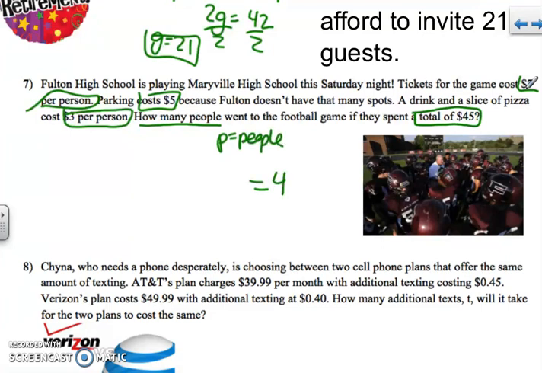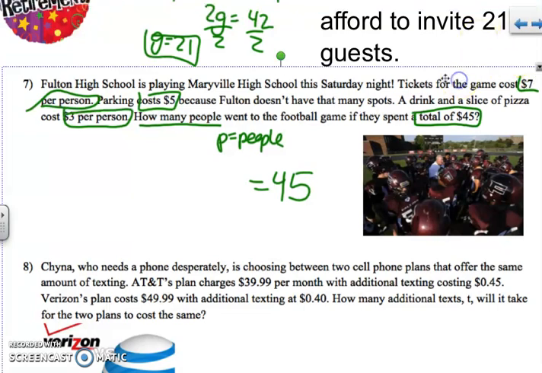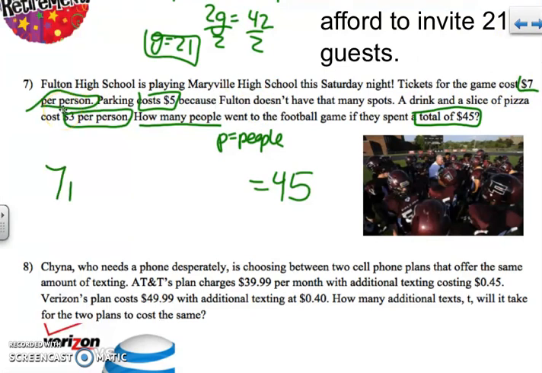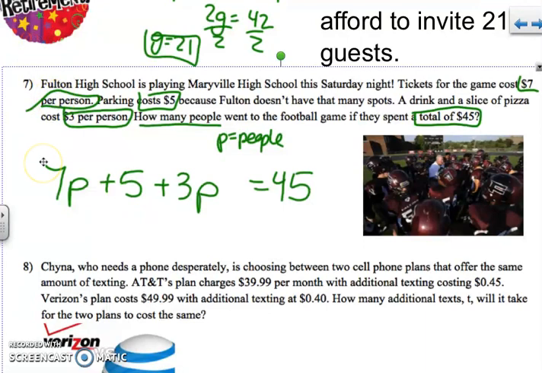I know we spent a total of $45. So now need to figure out which numbers go with the people. So $7 a person, so 7P. Parking was just $5, so I'm going to just leave that there. And then $3 per person for pizza. And then there's my equation. I'm going to combine like terms and get 10P plus 5 equals 45.